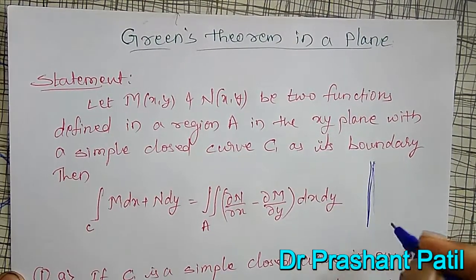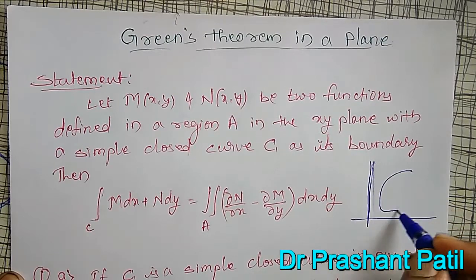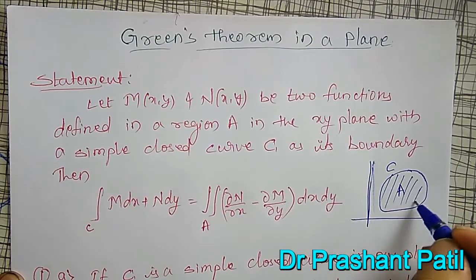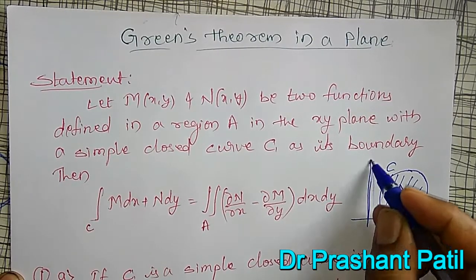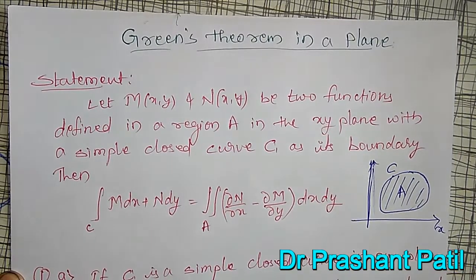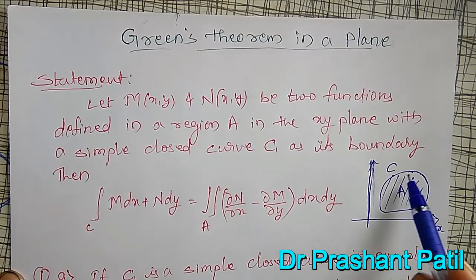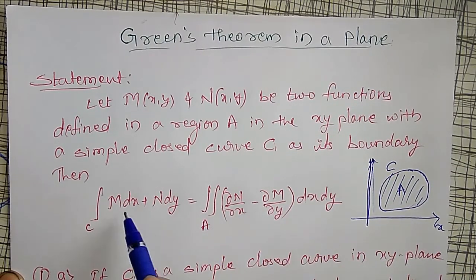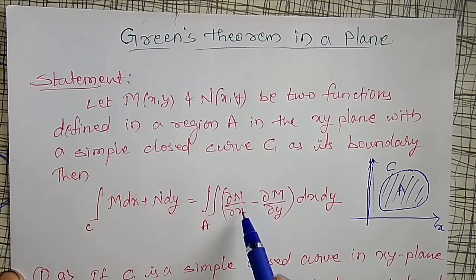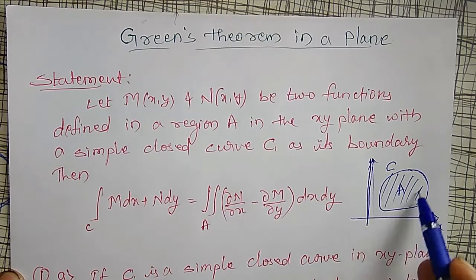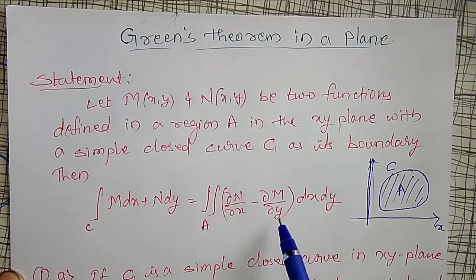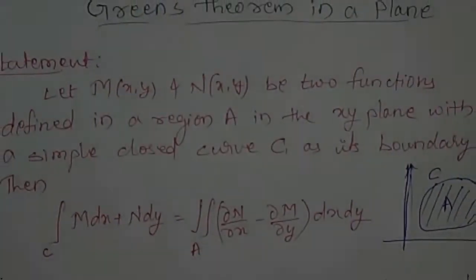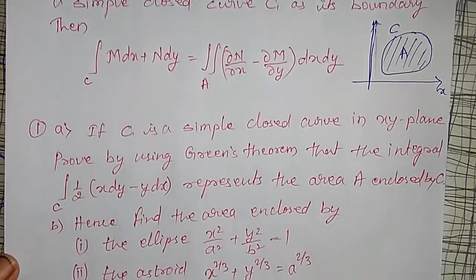If this is the closed curve C and this is the area bounded by it in the xy plane, and we are doing the line integration through this closed curve, M dx plus N dy, that integration is equivalent to the double integration over this region A of dou N by dou x minus dou M by dou y, dx dy. Using this, I am going to solve examples here.